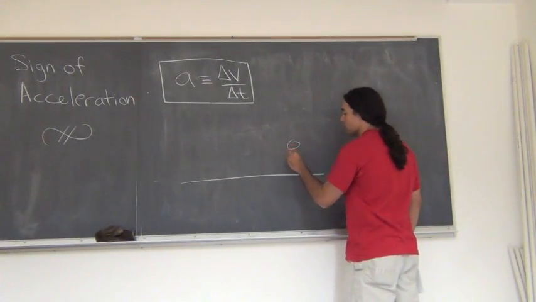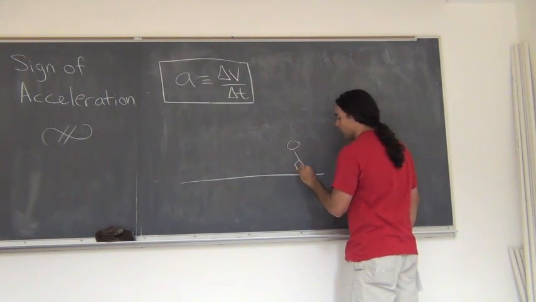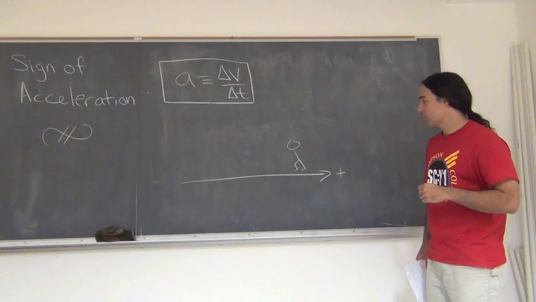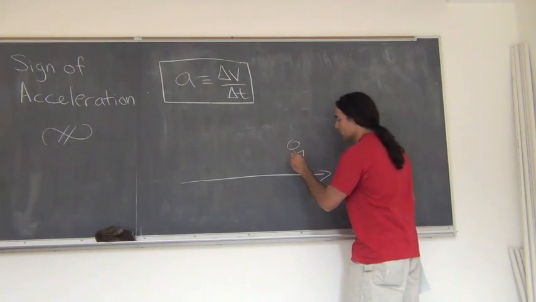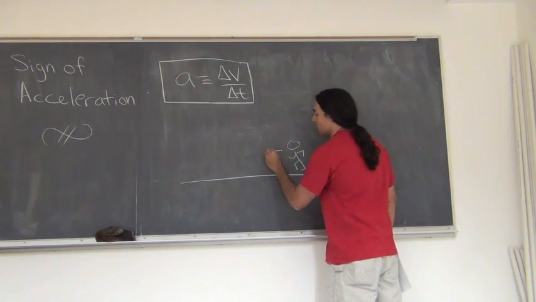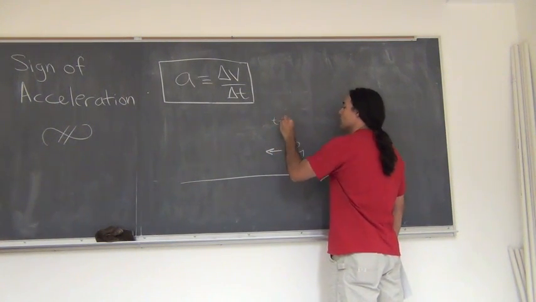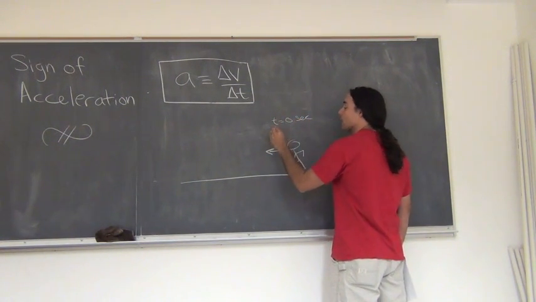Let's say here's you. You're running to the left. Again, remember we defined the right to be positive by convention. At t equals 0 seconds, initially you have a velocity.